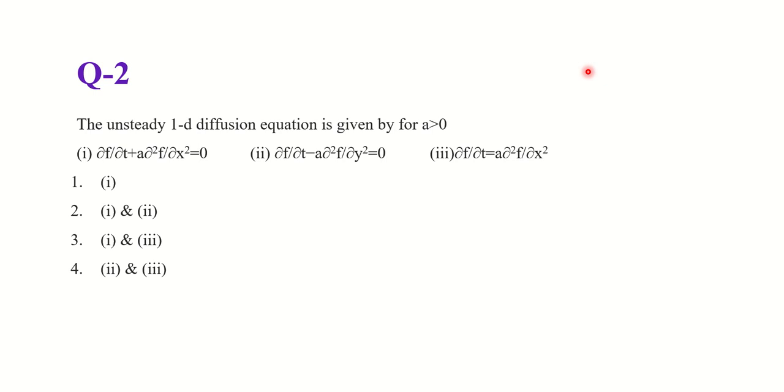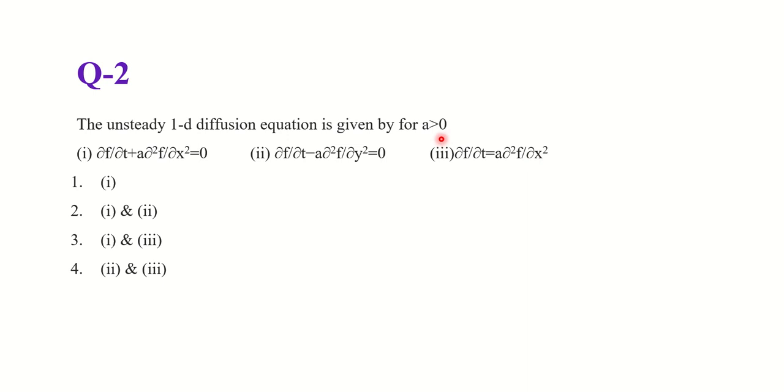So yeah, when the diffusion equation is coming into the picture, the RHS term, dou square f by dou x square into constant, remains the same. The advection term disappears over here. So basically it is dou f by dou t plus or equal to a into dou square f by dou x square, because a is greater than 0.